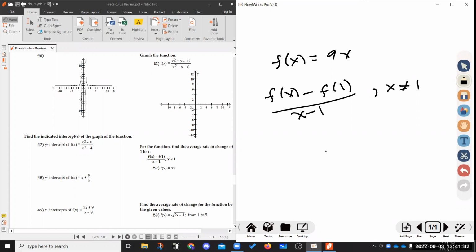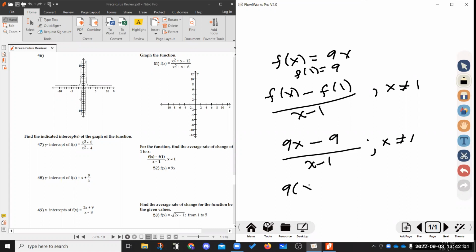It's the same idea as a difference quotient though. 9x minus, if I find f of 1 is 9, 9 over x minus 1. x is not equal to 1, and I should always get this x minus 1 to cancel. It should be a factor at the top. This denominator should be going away. This is 9. It should not surprise me that the slope here is 9 because the slope of this function was 9, right? So there we go.